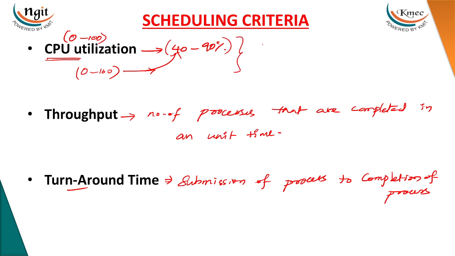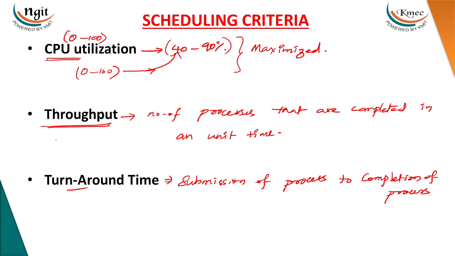This CPU utilization must be maximized. That means we need to execute more processes so that the CPU is utilized better. Then the next one is throughput. What is the meaning of throughput? It is the number of processes completed within a unit of time.